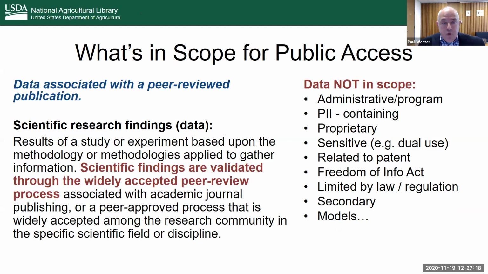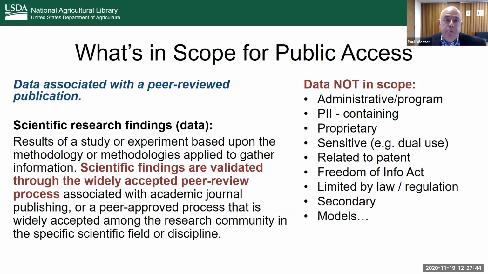You can read what is scientific research findings or data, and essentially what we're looking to do is, at a minimum, make accessible for public access data that are related to the specific peer-reviewed scholarly article that documents the scientific work that you or your research team has done.